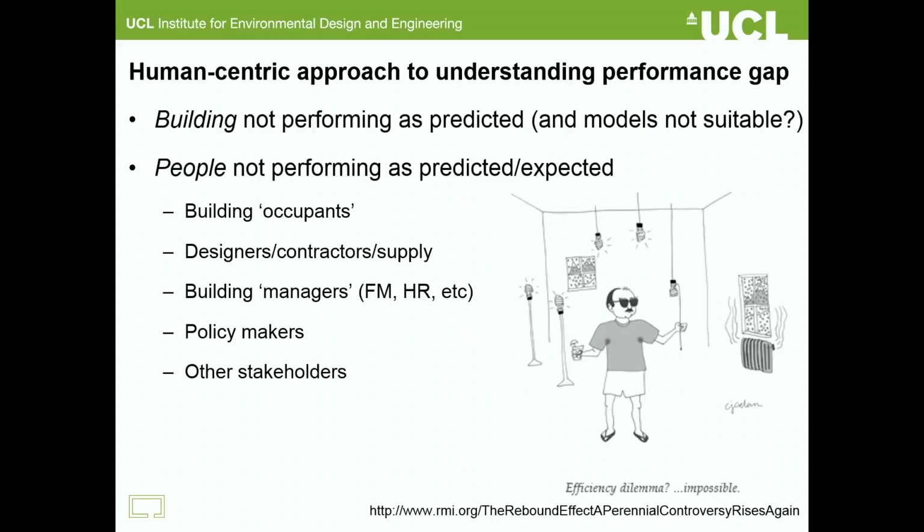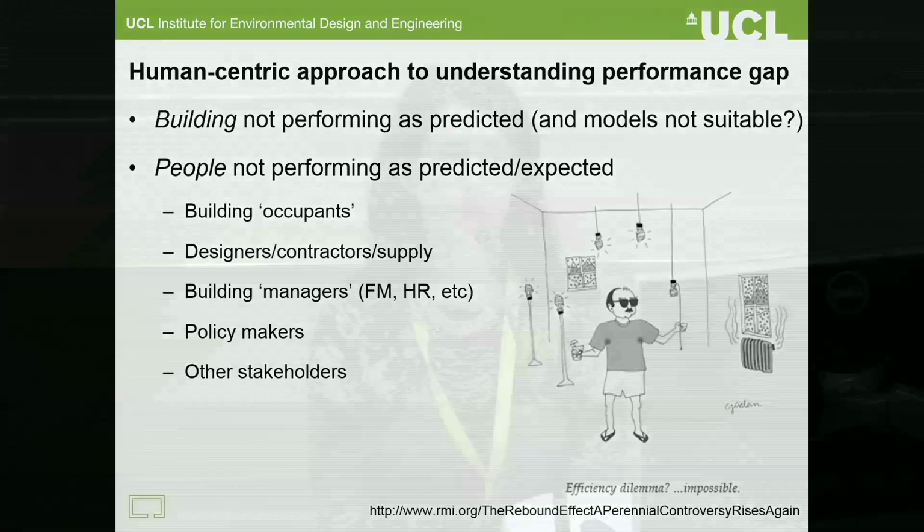So I would advocate that we need a more human-centric approach to understanding the performance gap in buildings, both in terms of energy and perhaps even more so when it comes to health and well-being. The first gap that I'd like to talk about is what I'm referring to as expectations.